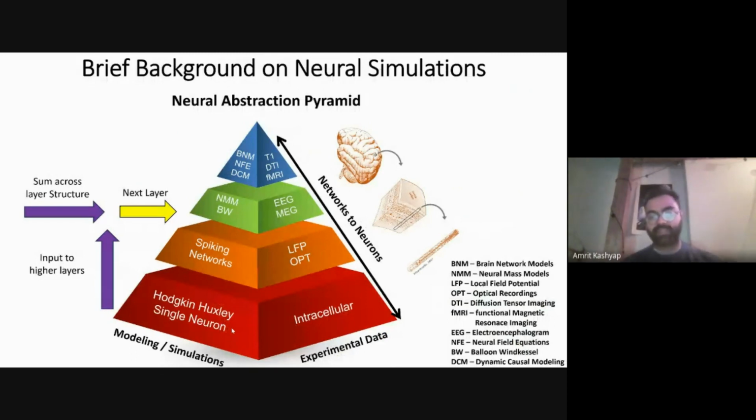Higher up in the pyramid, it's slightly less clear exactly how to model it. A rule that has been used is taking individual elements of the lower level and summing across a layer structure, and that will give you a model for this higher representation.